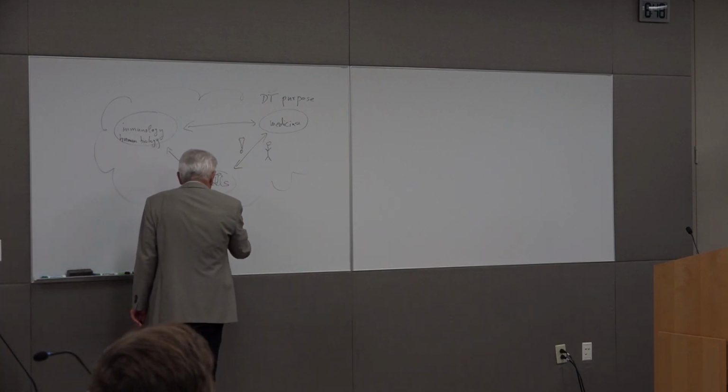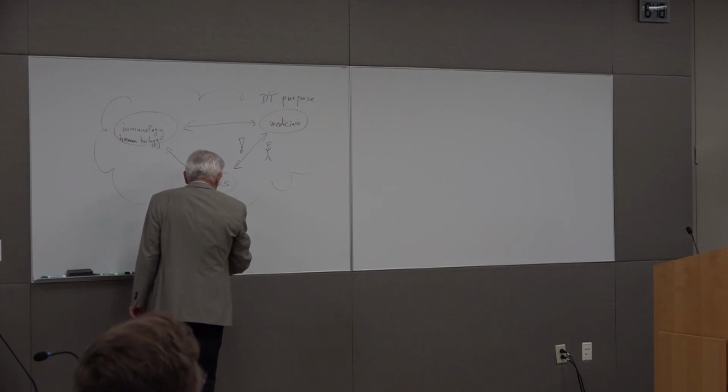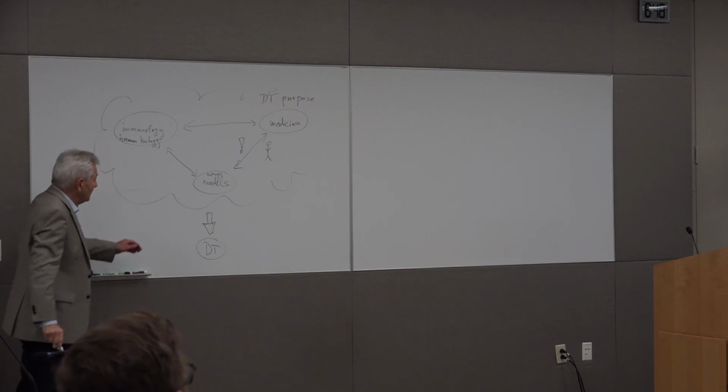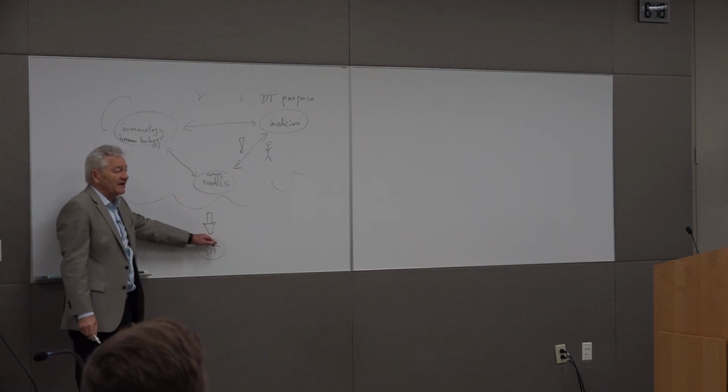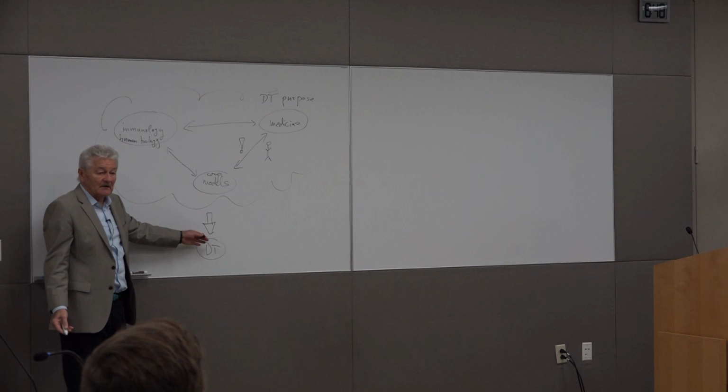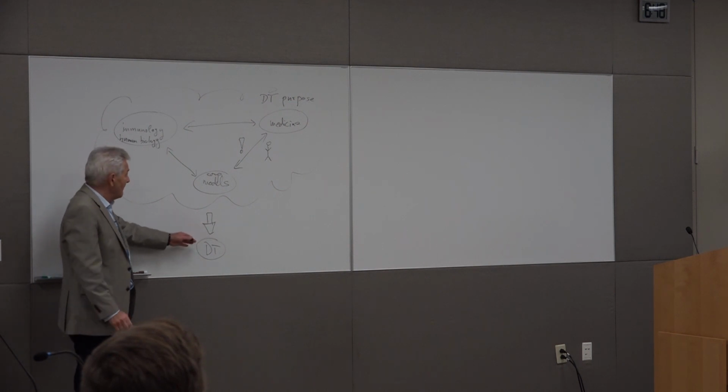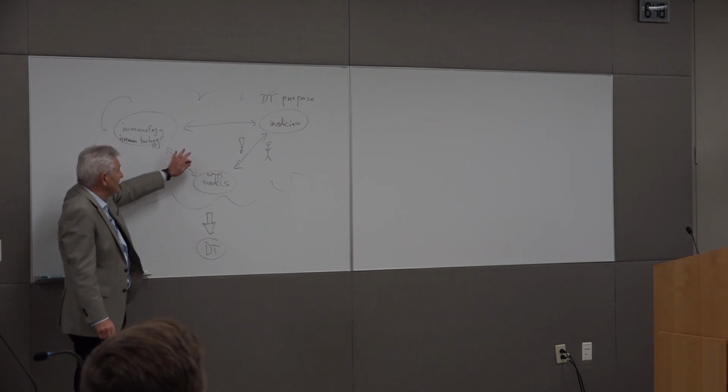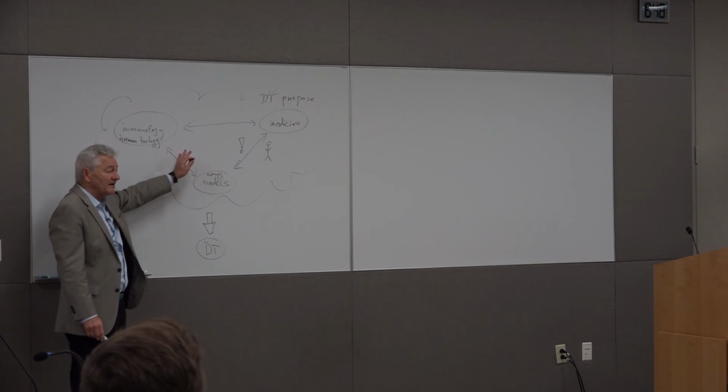And once you have that, then you can build your digital twin out of that. In my mind, in a lot of cases, this will be done by a company, a small company or a big company. This is the much more challenging part in some way.